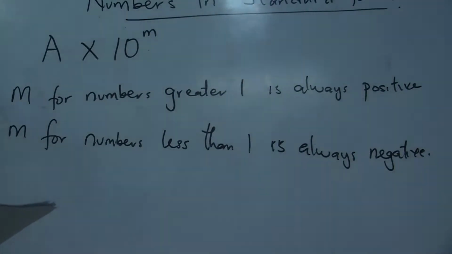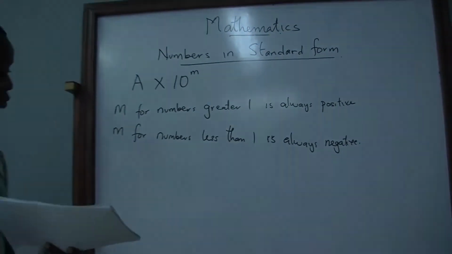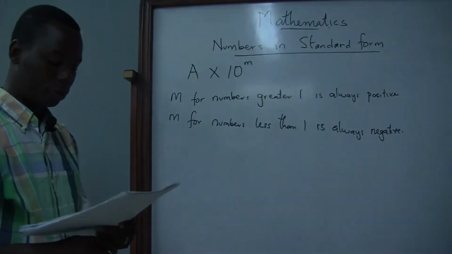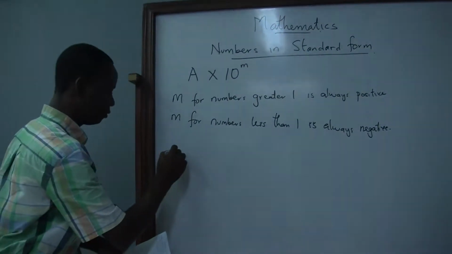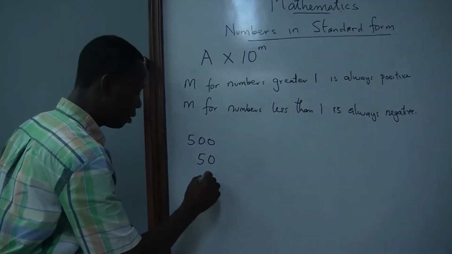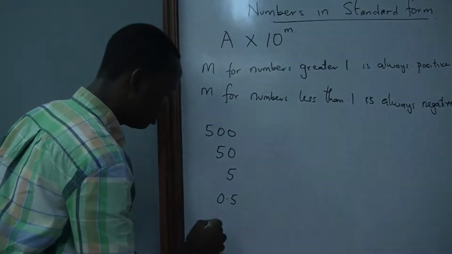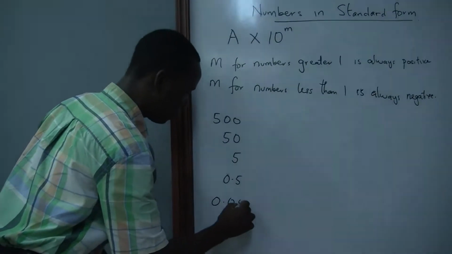Let's look at some examples, using numbers that will help us quickly grasp what we have been discussing. Let's look at 500, 50, 5, 0.5, 0.05.